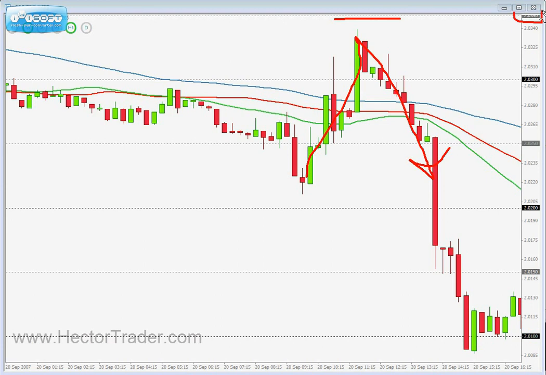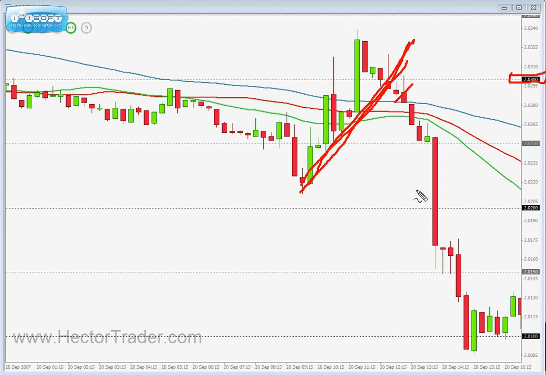If you were aggressive, you would have perhaps traded the breakout of the spike's retracement trend line, and perhaps you could have traded short there upon breaking this retracement trend line and this round number. That would have been a little bit aggressive.